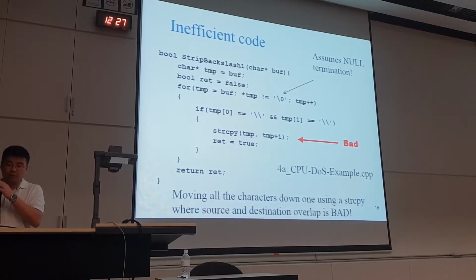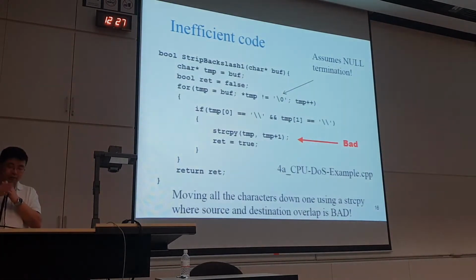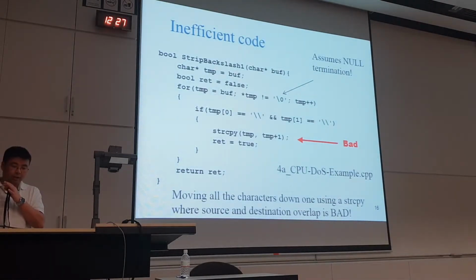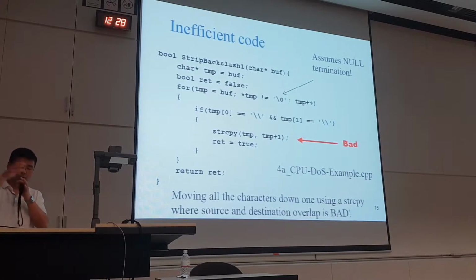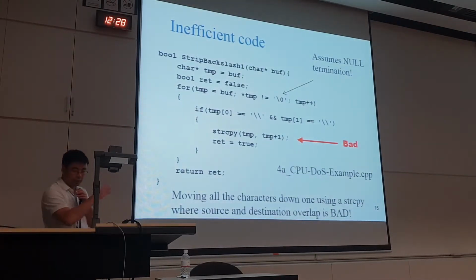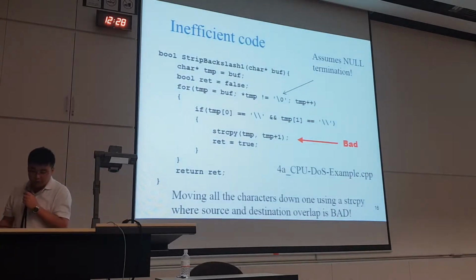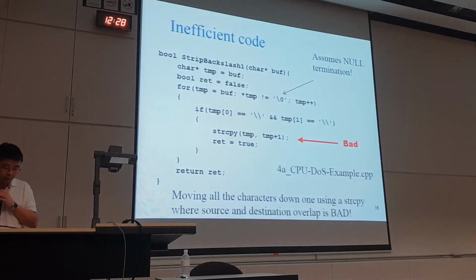You move the remaining substring one position backward. So every time you test if there is a double backslash, you move the remaining substring one position backward, which essentially removes one backslash. This is one simple program, right?